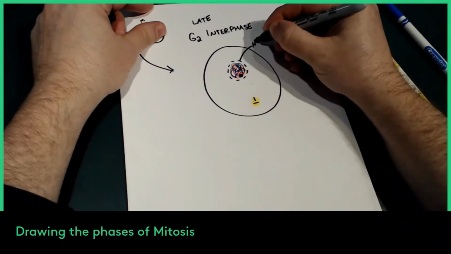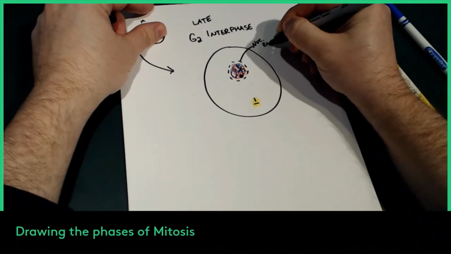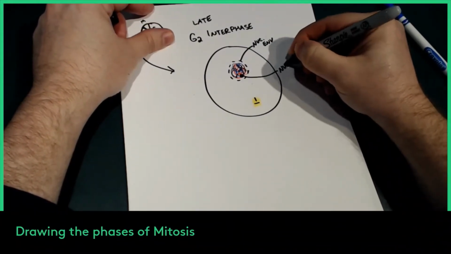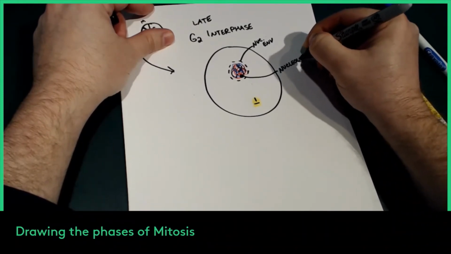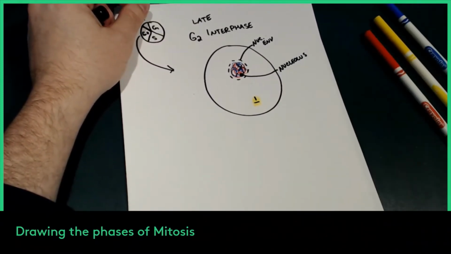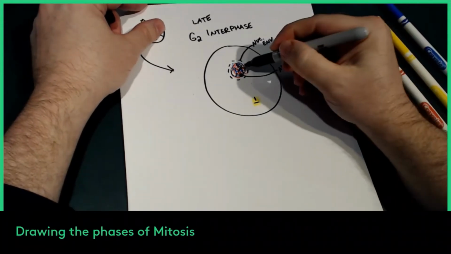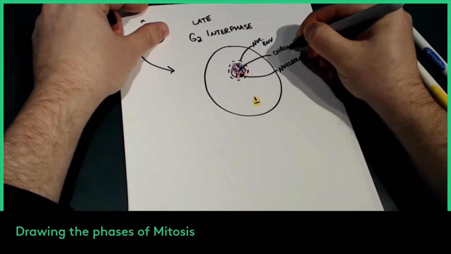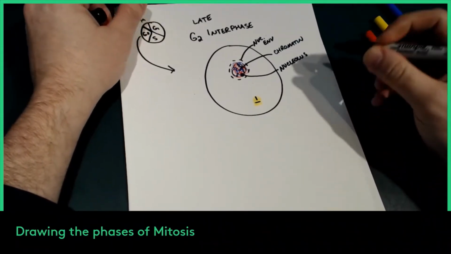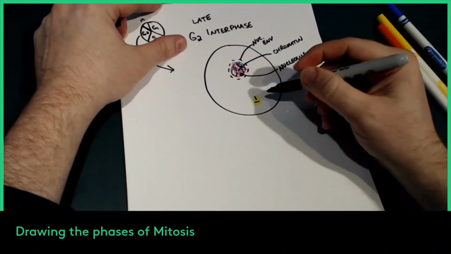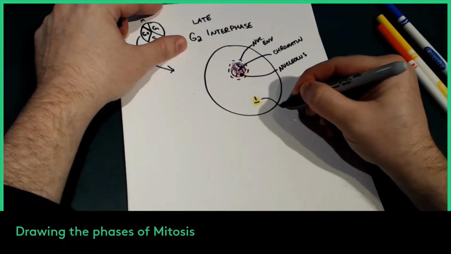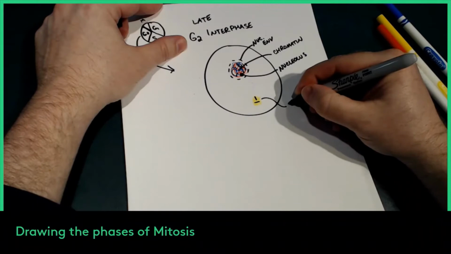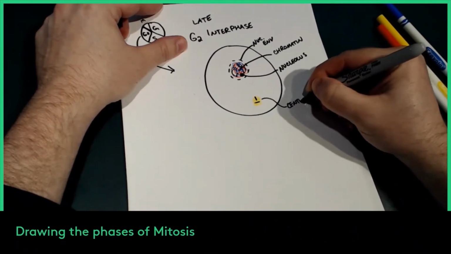First of all, I have the nuclear envelope. This little dot that I drew, that's the nucleolus, right? That's where you're making your ribosomes. Inside of the nucleus, that's where we have our chromatin. Didn't coil up yet, right? And then down here, this cloud of cytoplasmic material, this is called a centrosome.